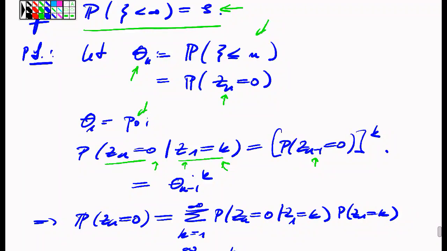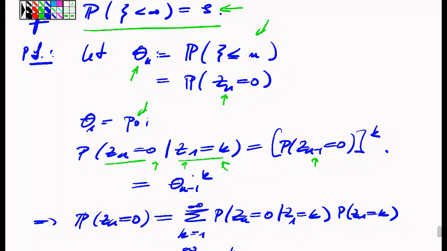So once more, if we ask for the probability of having extinction on the nth generation, given that in the first generation we had k individuals, this is the same as saying that all the subfamilies which were created by each of the individuals in generation number 1 are extinct by time n.